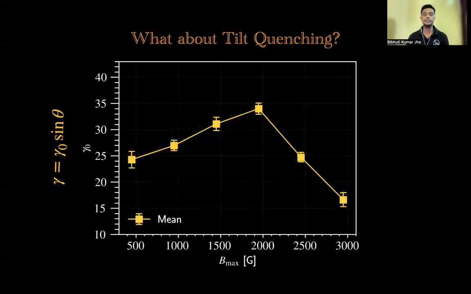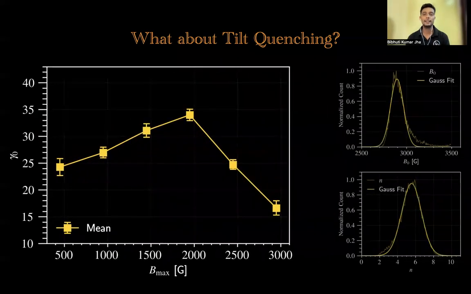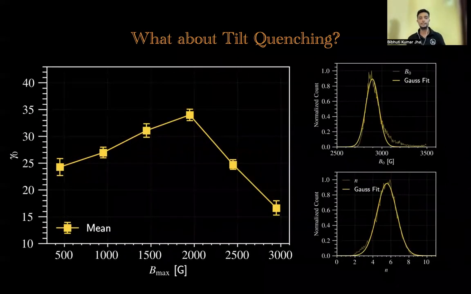To this yellow line we applied the Bayesian approach to fit the model. For that, we used the prior information that B naught and N are uniformly distributed, and the data points are Gaussian distributed, so the likelihood is Gaussian.